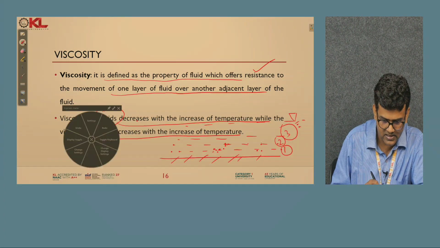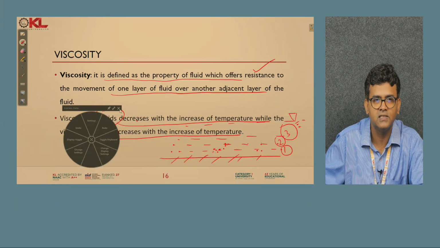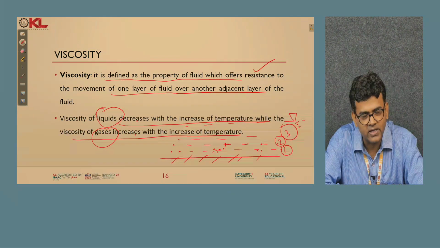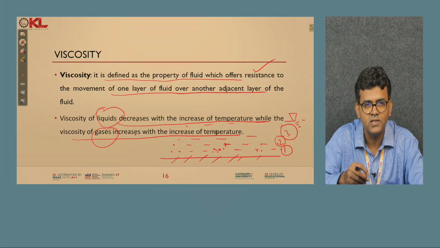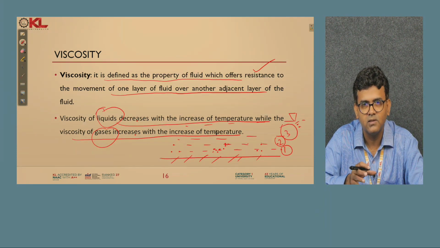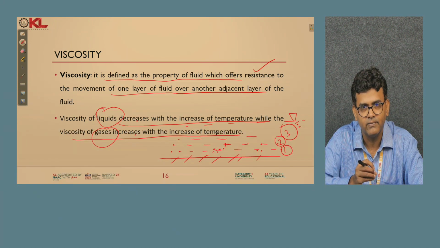If the fluid is a gas, then viscosity increases with the increase of temperature. Why does this happen? In the case of a liquid, when the temperature is higher, the liquid molecules separate from each other. That means the bonding within the molecules of the liquid becomes weak.